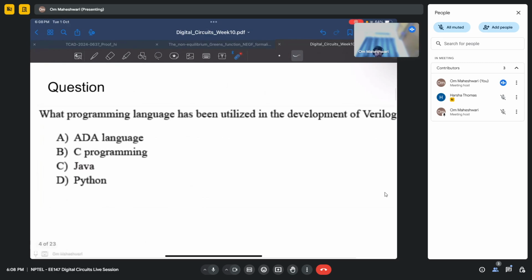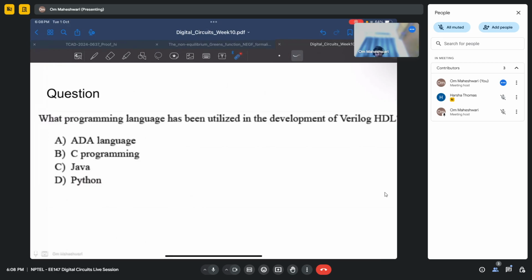So the next question is, what programming language has been utilized in the development of Verilog HDL?